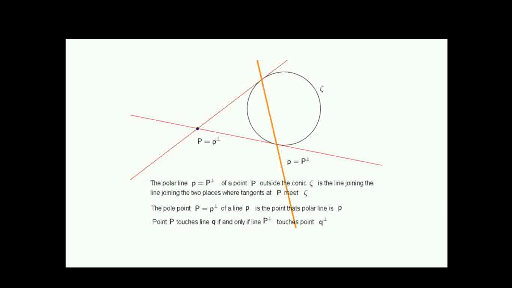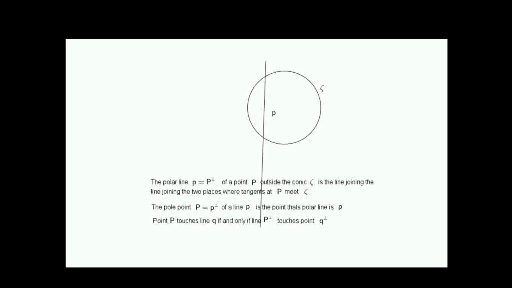So the first two touch each other if and only if the second two touch each other. So this polarity operation, this mapping on everything, preserves incidence and non-incidence amongst objects.